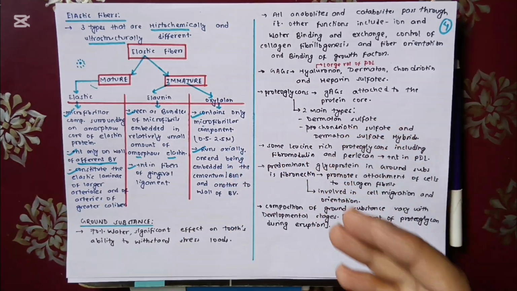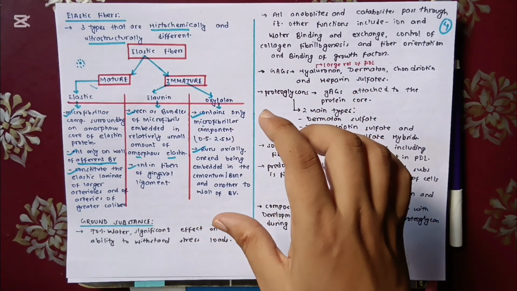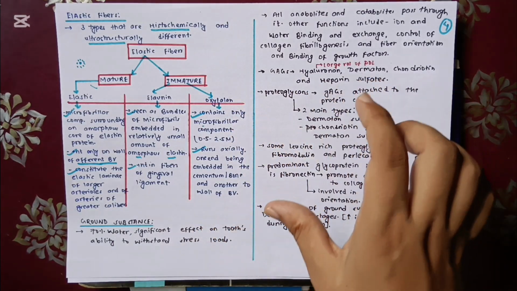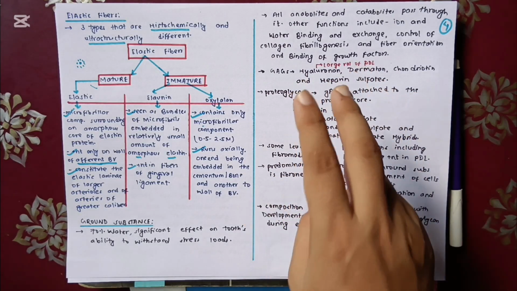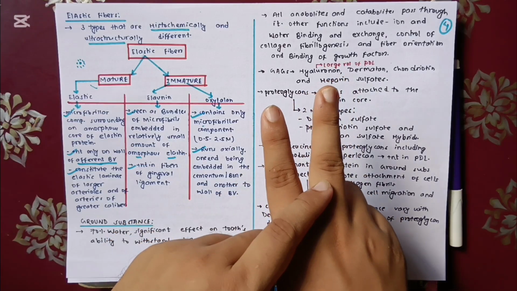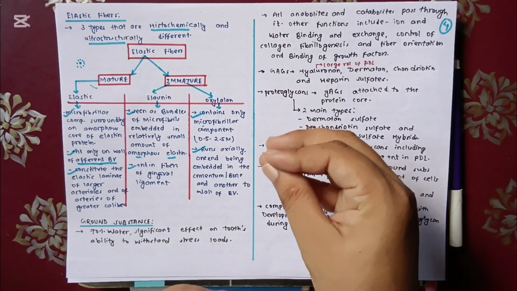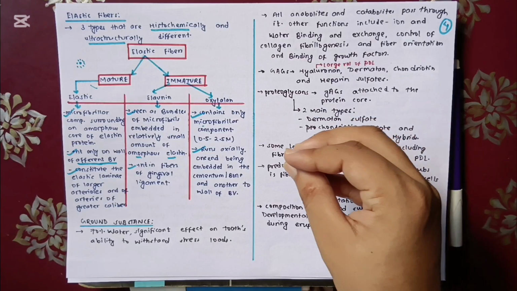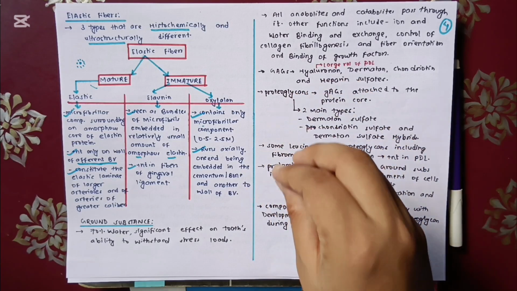Once again I will recite all these points of the elastic fiber so you get a proper overview. You have to remember there is mature and immature. In mature we have elastic; in immature we have elaunin and oxytalan. In elastic, the microfibrillar component surrounds the elastin protein core.